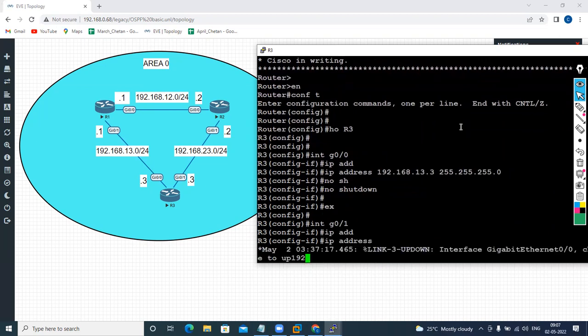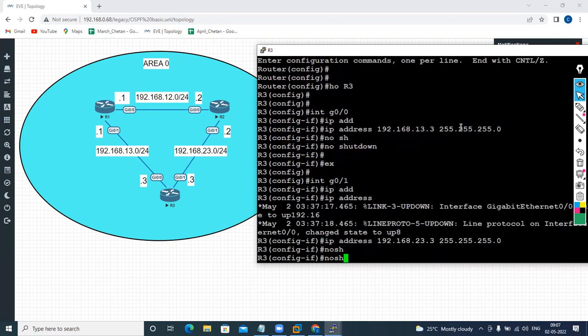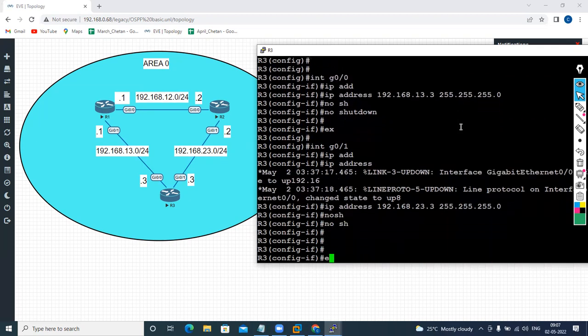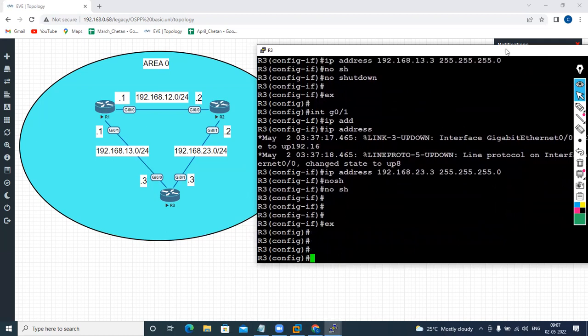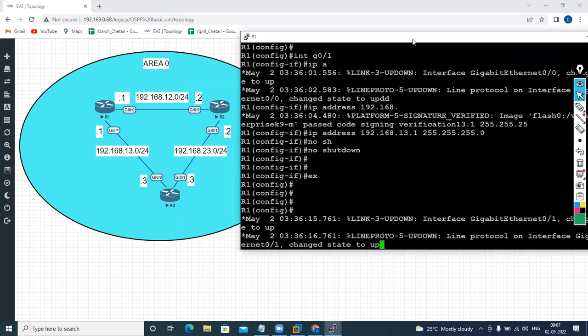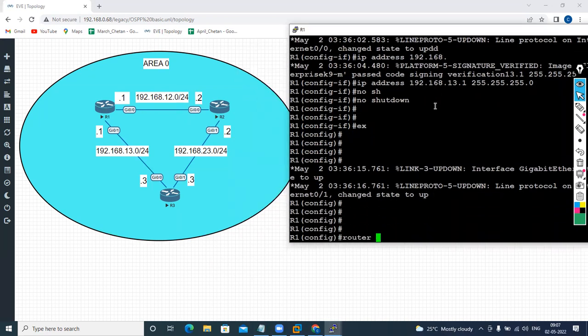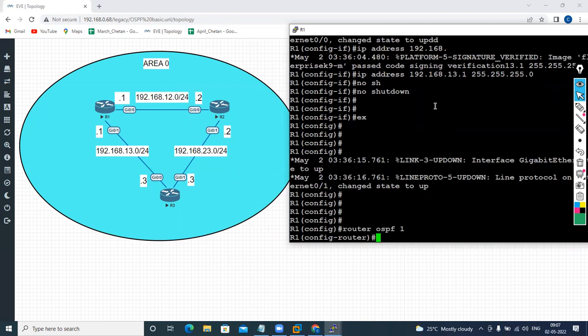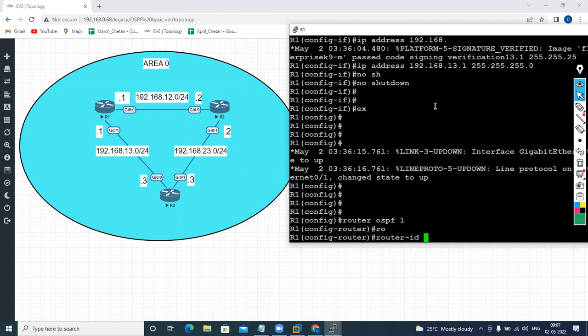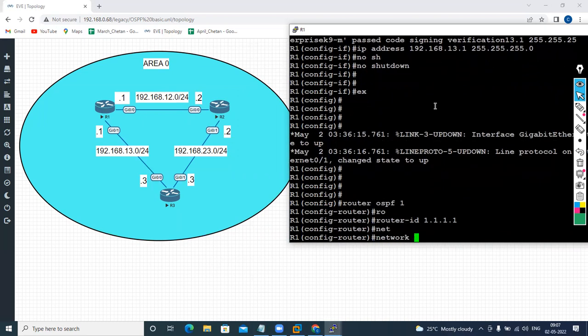IP address will be 192.168.23.3/24. So now go to R1 and enable OSPF. Router OSPF 1. Router ID, let us consider 1.1.1.1. Enter. So advertise all the directly connected networks.